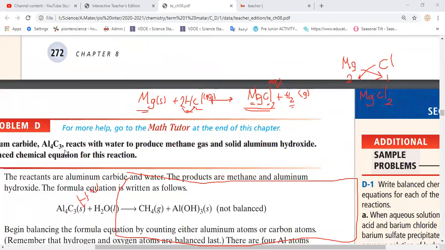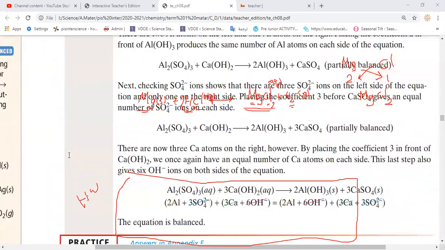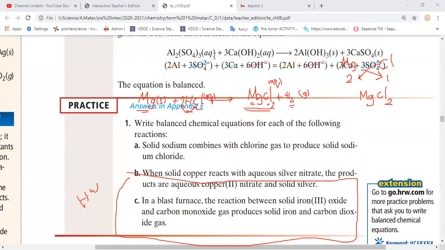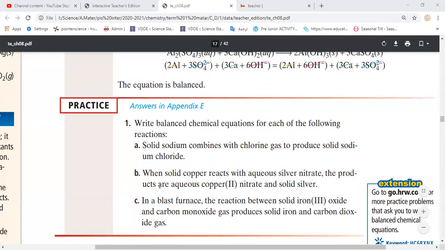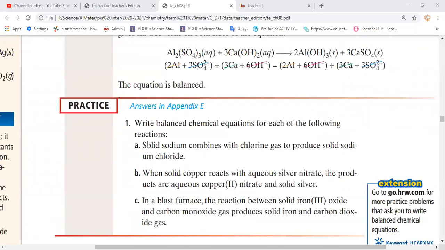Also, you're going to answer this part, this practice, and send the answers through our WhatsApp group so I can check them. And next time, inshallah, we're going to check these answers together.